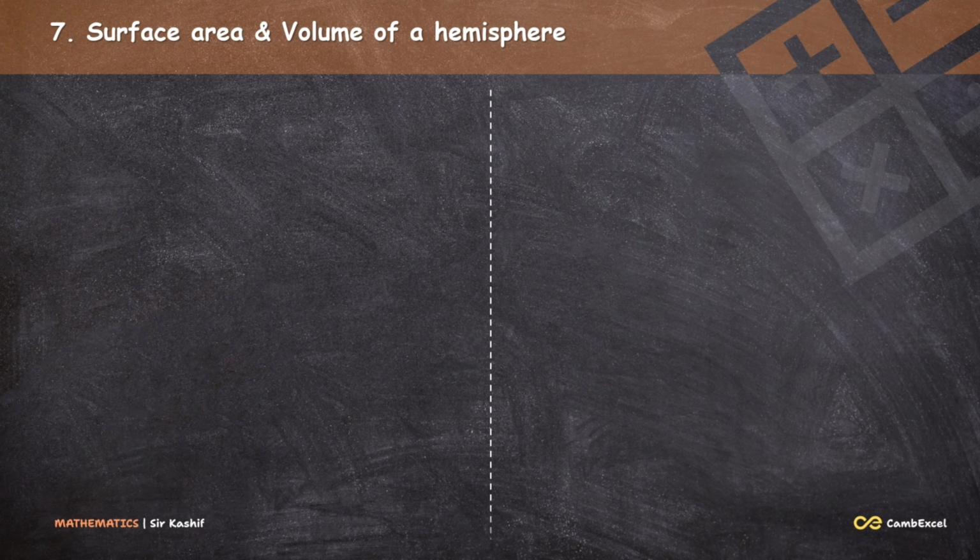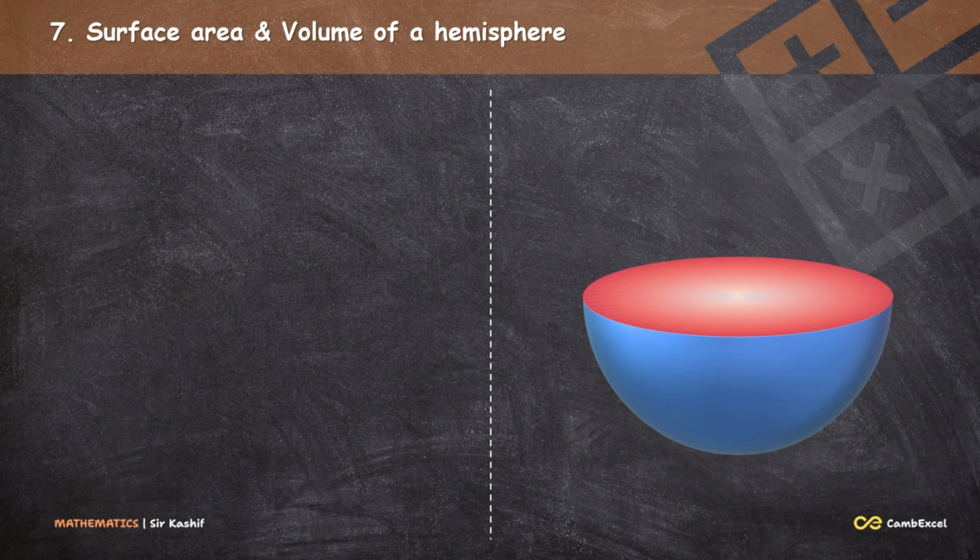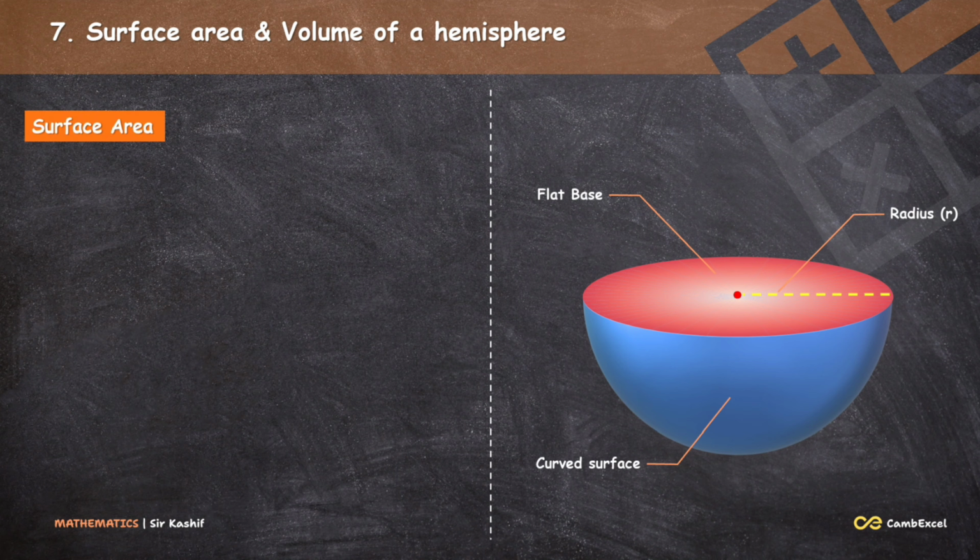Before going into the definition, let us first of all label some important parts of a hemisphere. The radius, just like in a sphere, we label as small r. The curved surface is basically the outer part of the hemisphere, and this cross-sectional flat surface is known as the flat base.